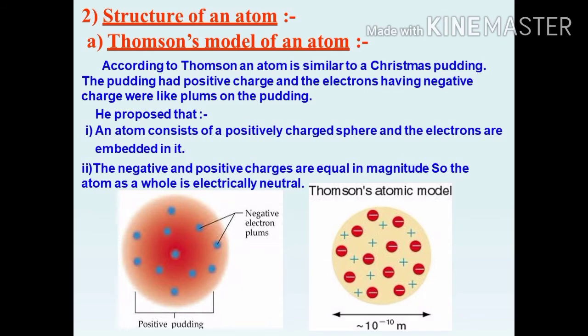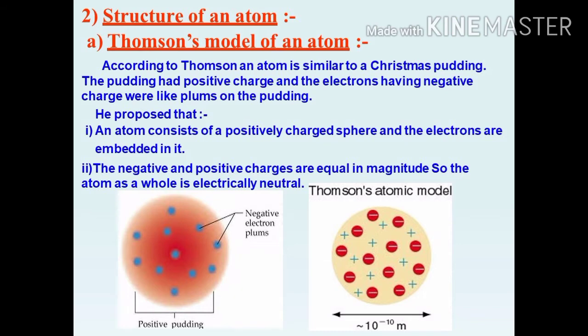The pudding had positive charge and electrons having negative charge were like plums on the pudding. He proposed that an atom consists of a positively charged sphere and the electrons are embedded in it. See this picture, one positive circle with the negative electron plums inside. For understanding only I am giving this one.